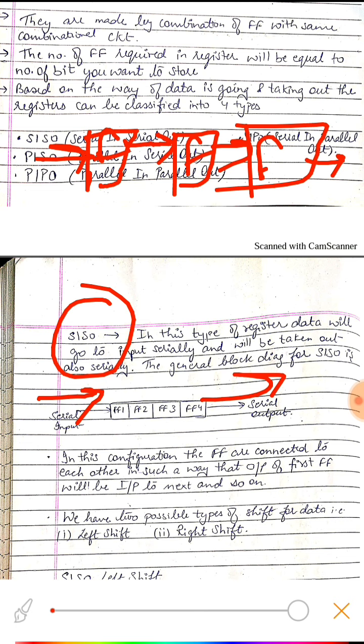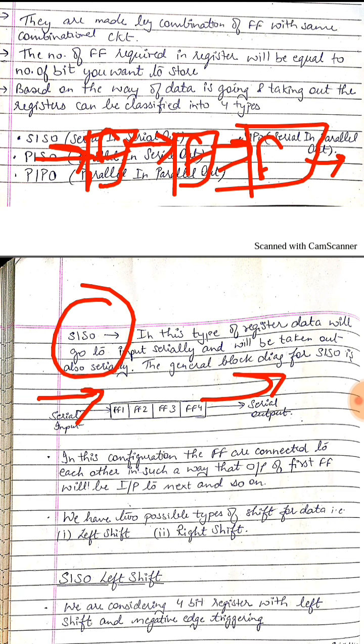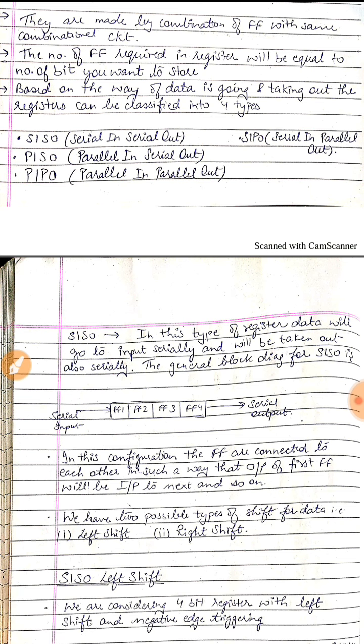There can be a shift in data in two ways, that is left shift and right shift. It basically depends on which side of the data we are entering into the shift register first.